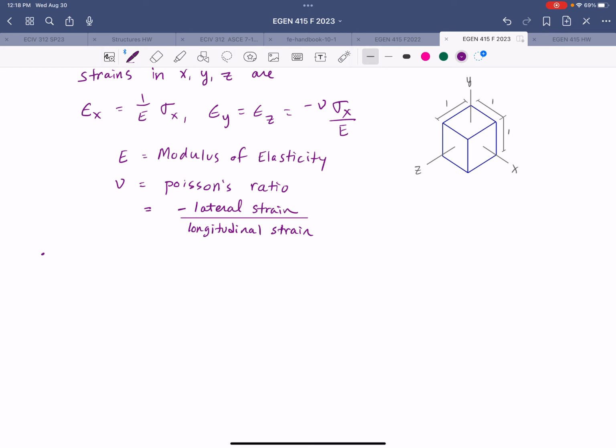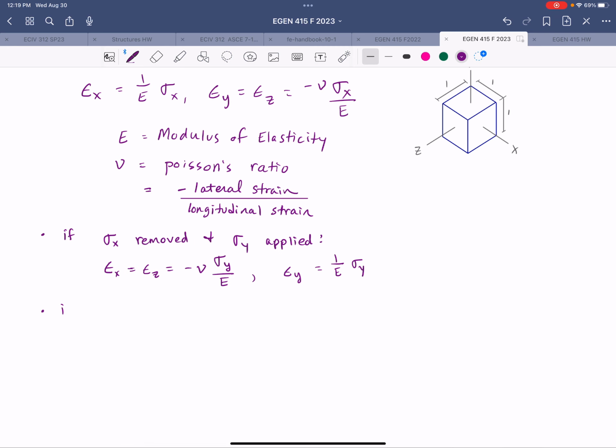Now, if we remove that normal stress in X and separately apply a normal stress in Y, then we have our normal strain in X and Z both equal to negative Poisson's ratio times sigma y over E. And normal strain in Y is equal to 1 over Young's modulus times sigma y.